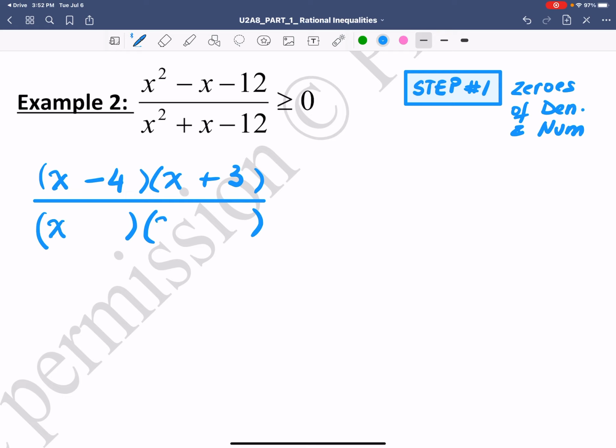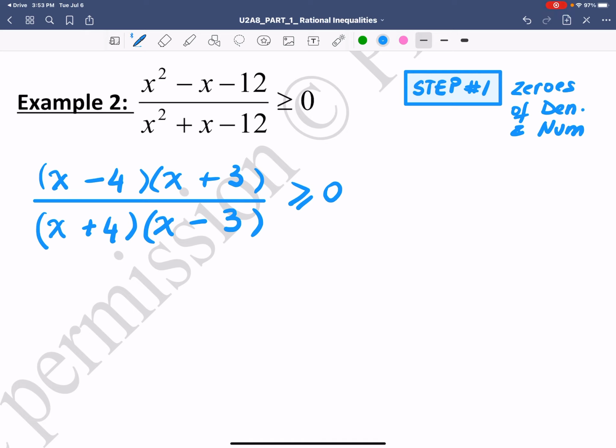So I will start with an x, because we have x squared. That's where this comes from. And we need to find two numbers that this time add to +1 and multiply to -12. So the two numbers that add to 1 and multiply to -12 are x plus 4, x minus 3, bigger than or equal to 0.